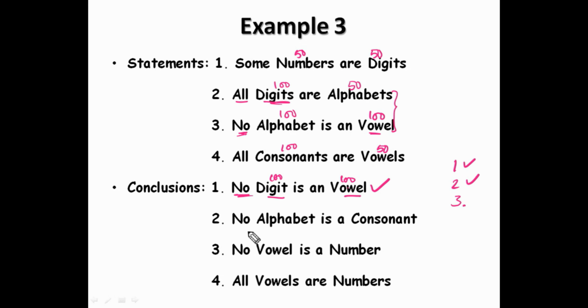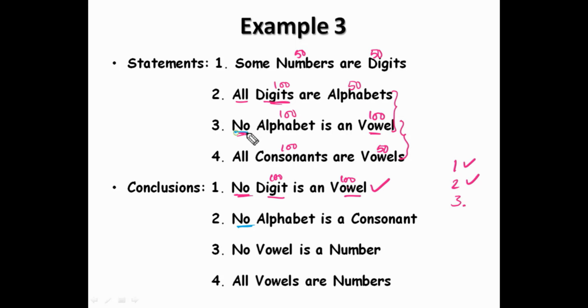Now check conclusion 2. Alphabet and consonant. Combining these two, 3 and 4, we can get the relation between alphabet and consonant because vowel is common. Right? Now first check positivity and negativity. Negative and positive, the result must be negative. Yes, given negative. Can you combine or not?